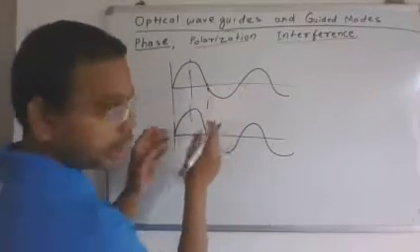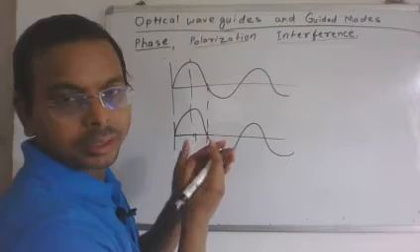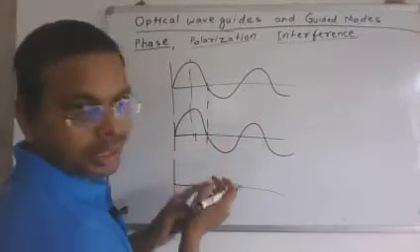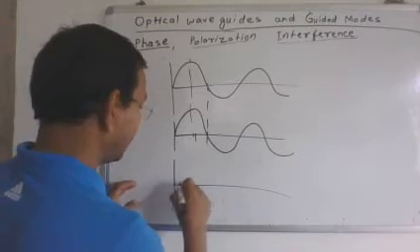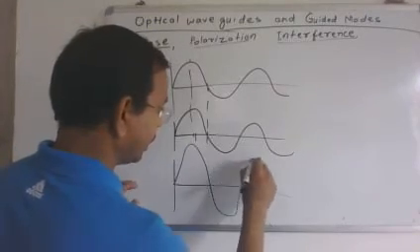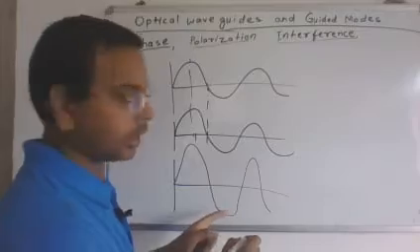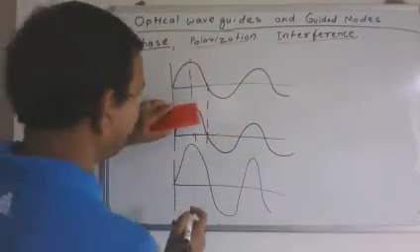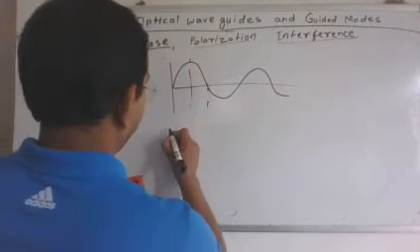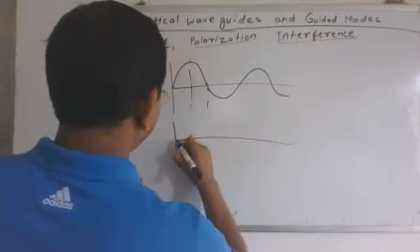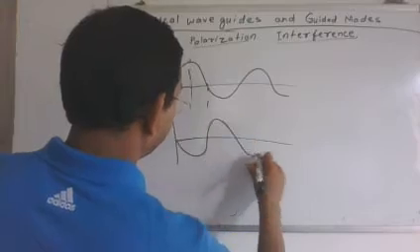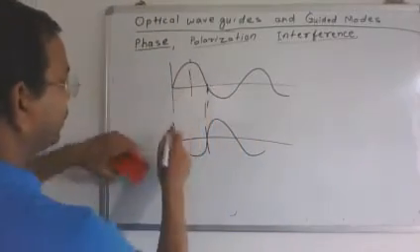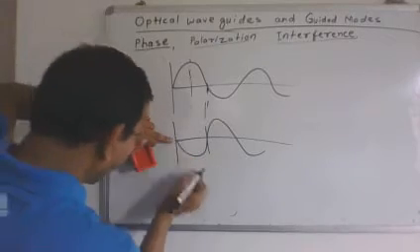Then if these two add up, if these two meet at some point in this phase, then it is constructive, its magnitude will keep on increasing like this. So this is called constructive interference. And whenever there is opposite phase, suppose another is going like this, so when it is in zero phase, this is also in zero phase, this is in pi phase.